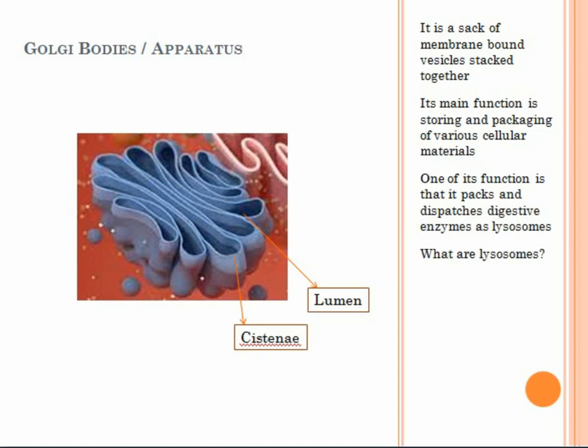If you have asked what is the process of lysosome formation, one of its major functions is that it packs and dispatches digestive enzymes as lysosomes. And you can see here it is connected with each other in this pattern, and in this pattern here we have cisternae.